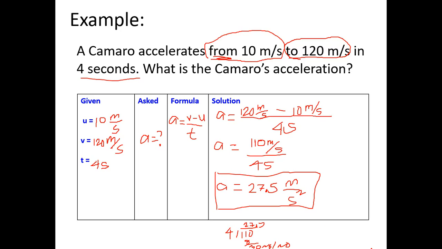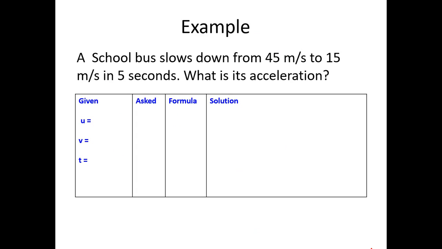All right, moving on. Now, in this particular problem, it's a little bit different because the problem goes this way. A school bus slows down. So now it's slowing down from 45 meters per second to 15 meters per second in 5 seconds. What is its acceleration? So we have here these two speeds.